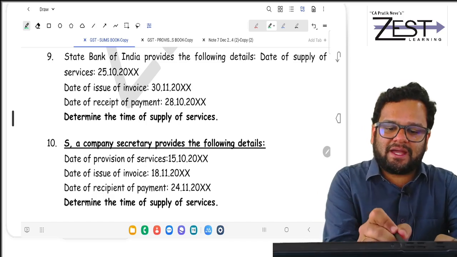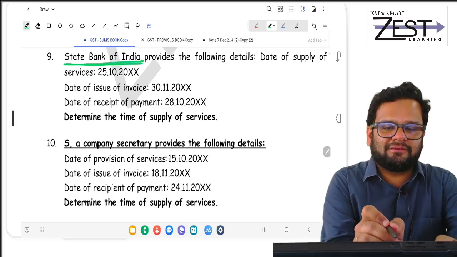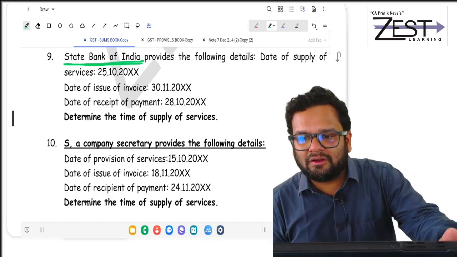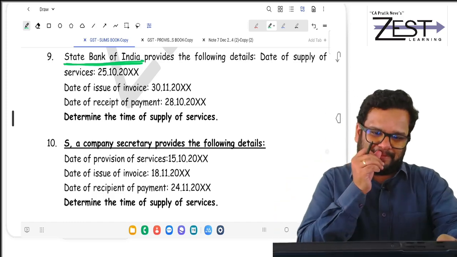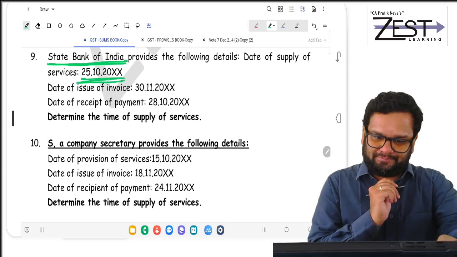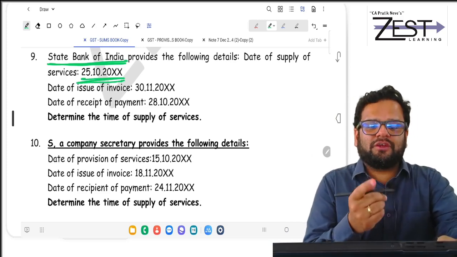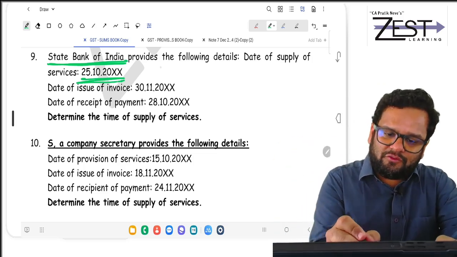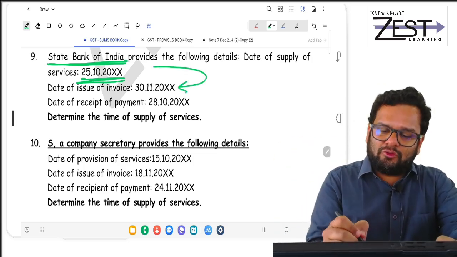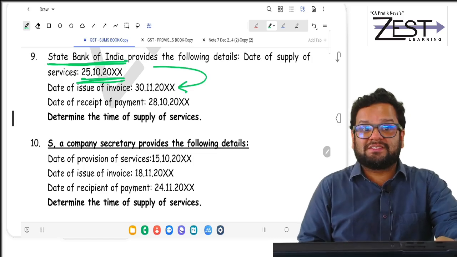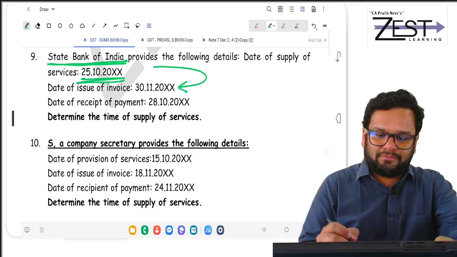SBI is there, SBI. How many days will you check? Whichever service they give, you will check 45 days. Date of supply of service is 25/10. Date of issue of invoice is 30/11. Friends, 25/10 to 30/11. Have you made invoice in 45 days? Of course, yes. So which date matters for you?